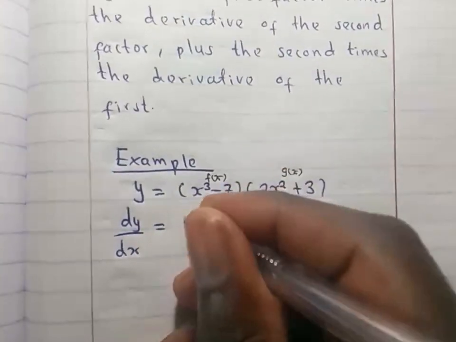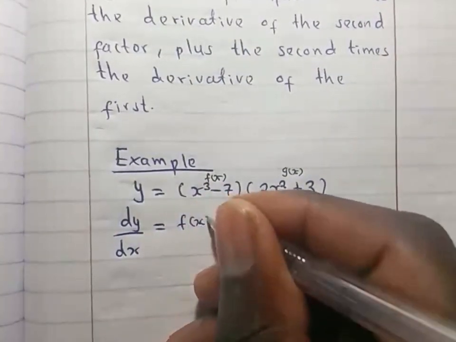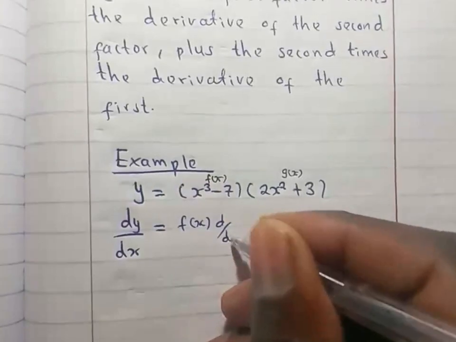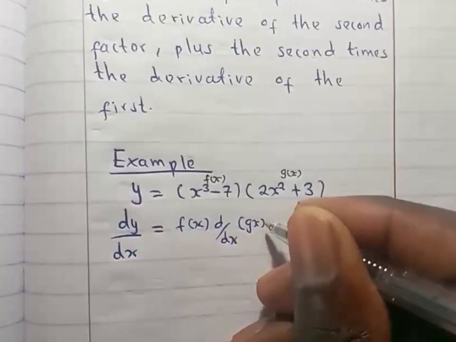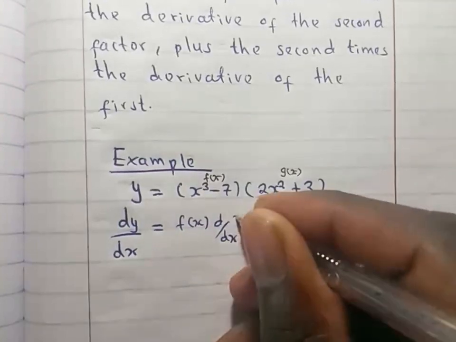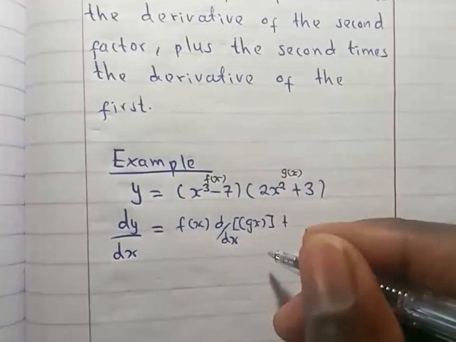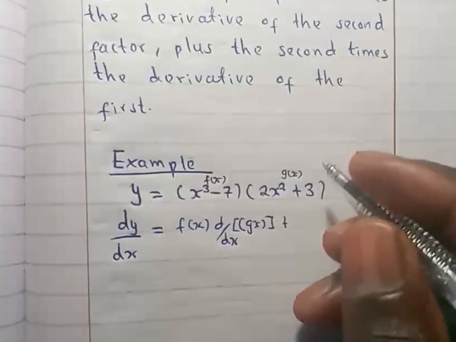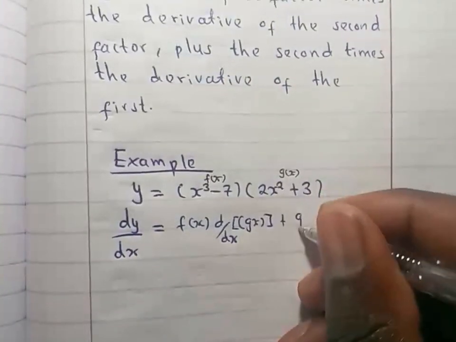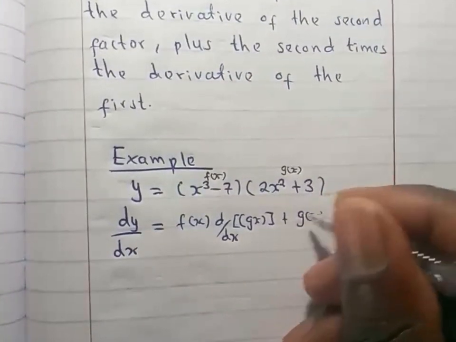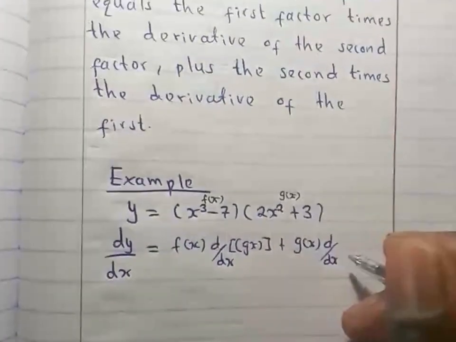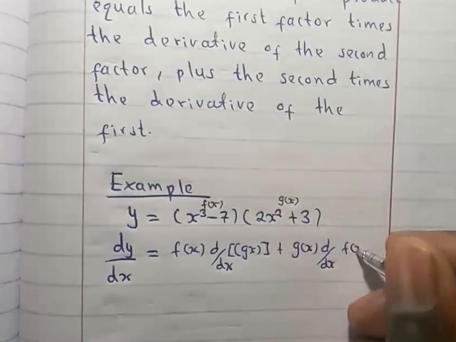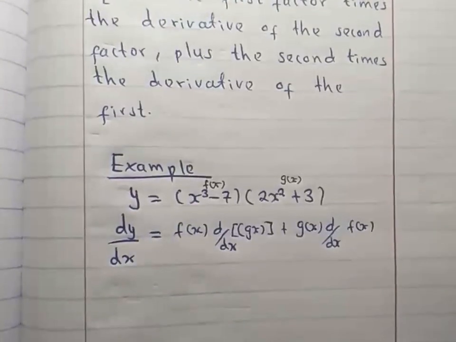So the first factor is f of x times the derivative of the second factor, which is g of x, plus the second factor, which is g of x, times the derivative of the first factor, which is f of x.